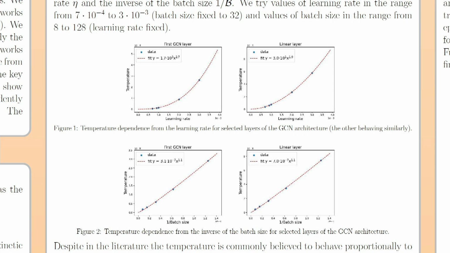On the contrary, the dependence on the inverse of the batch size is quite linear, and this is in line with what is stated in literature, but different from another result we had obtained on convolutional neural networks, in which we had a nonlinear behavior both for the learning rate and the inverse of the batch size.